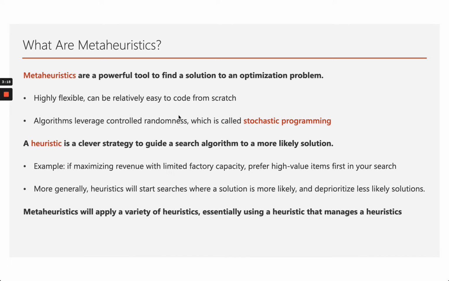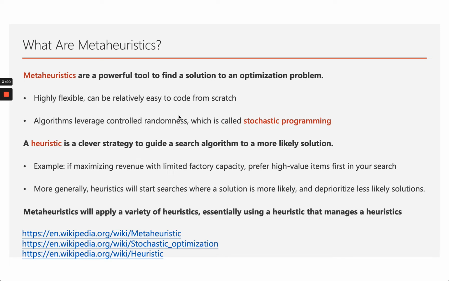Now, gradient descent in itself is a heuristic or a metaheuristic, because you're using the slopes, the derivatives, the differentials of the parameters and taking a fraction of them and then adding them to those parameters to lead you towards a solution.